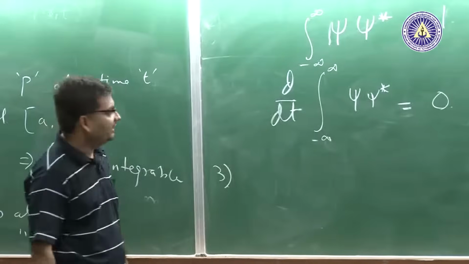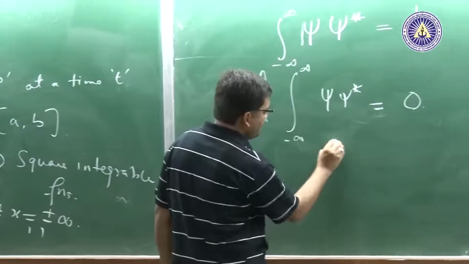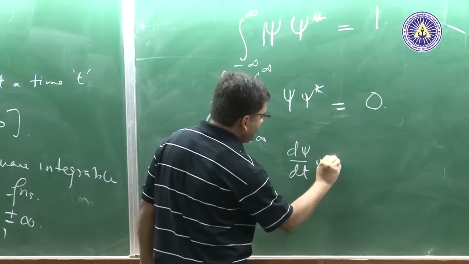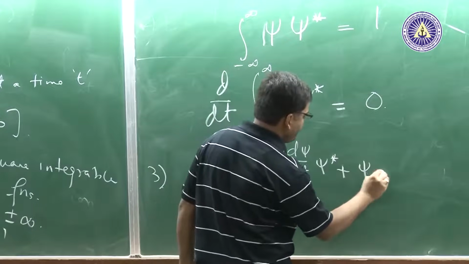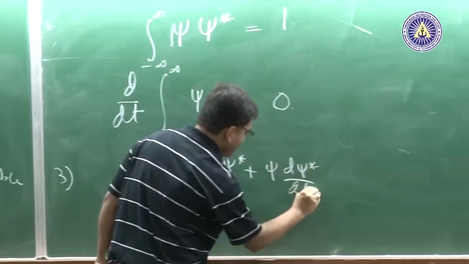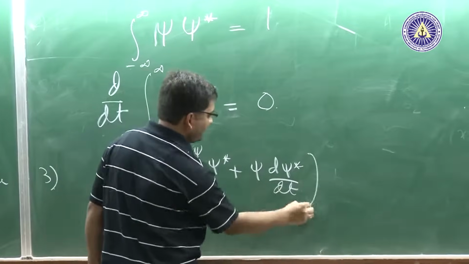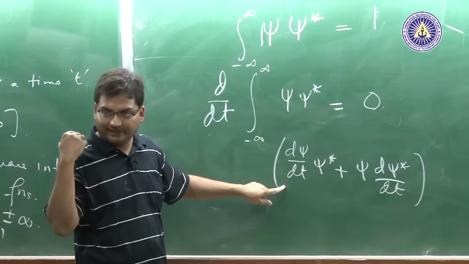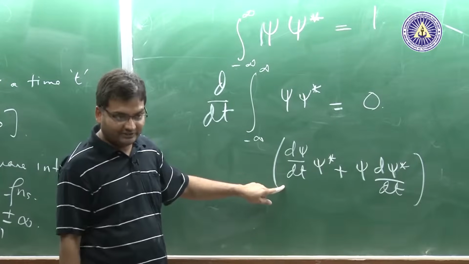The way I would go around it, I would take the time derivative, and d psi by dt I can write in terms of my wave equation.